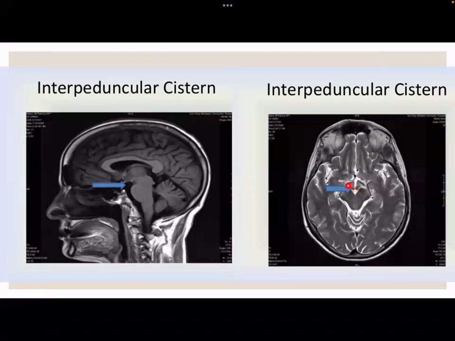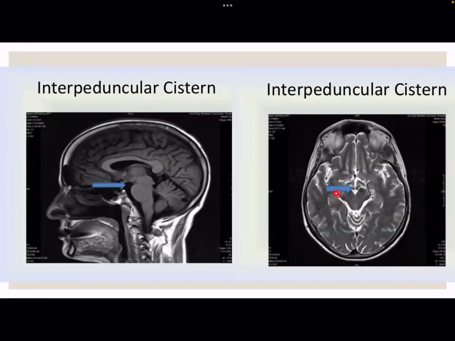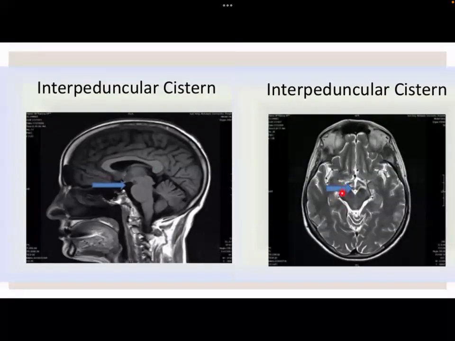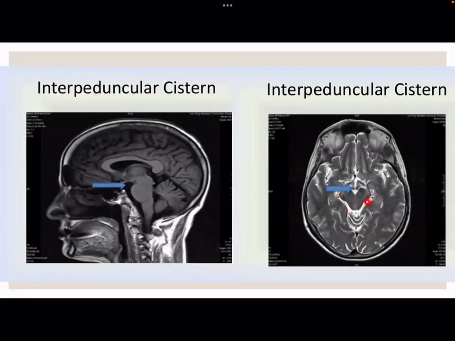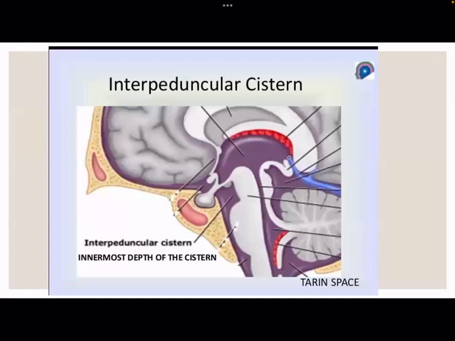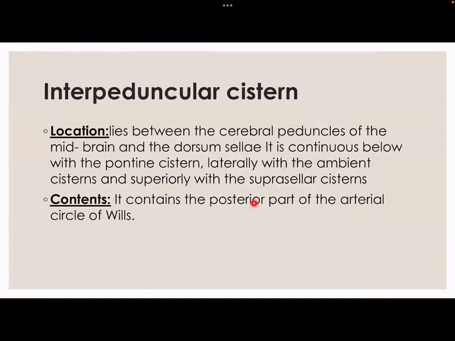It also continues below with the pontine cistern, and laterally with the ambient cistern, as you can see here, and superiorly with the suprasellar cistern. The content: this interpeduncular cistern contains the posterior part of the circle of Willis.